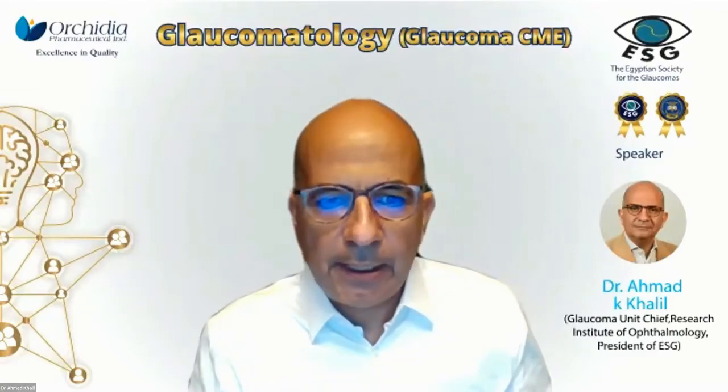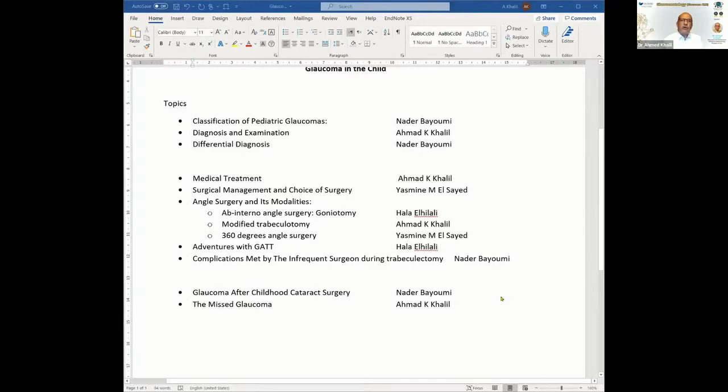Today, this is the layout of our course. We are going to try to make it a seamless course. So we are going to talk about classification of these pediatric glaucomas by Professor Nader, the diagnosis, the differential diagnosis, and then in the middle part about the treatment, whether it is medical treatment or surgical treatment, and then at the end we will talk about two specific types in this young age group: the aphakic glaucoma, and the missed glaucoma, which we missed in our last episode, by the way.